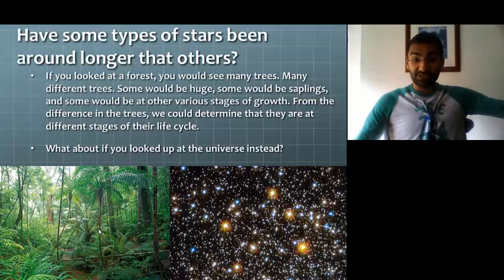Some of them are large, some of them are small. Some of them are younger, some of them are older. And that's exactly the same as when you look up into the starry night. They have various stages of growth. They are all on different stages of their life cycle. So, it's what you've got to think about. When you look at the stars, they're not all the same. They're not all at the same point in their life cycle. They are different.